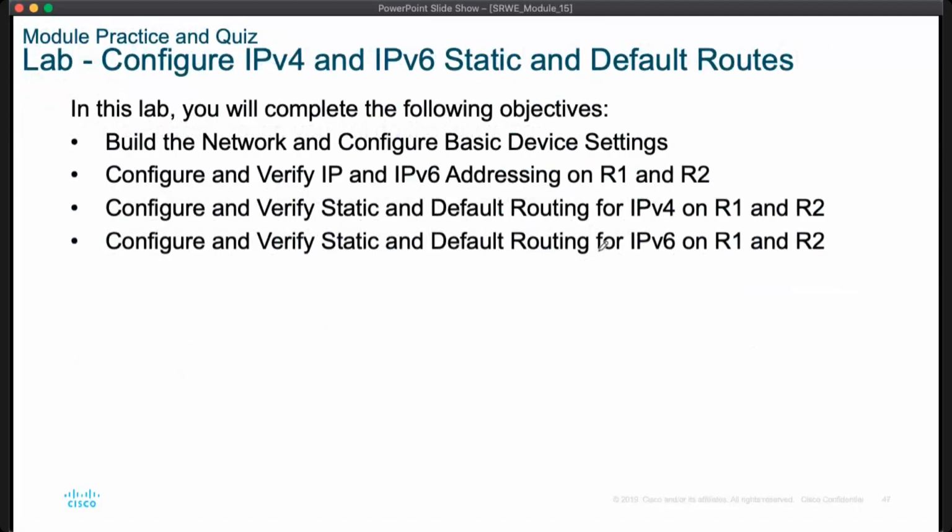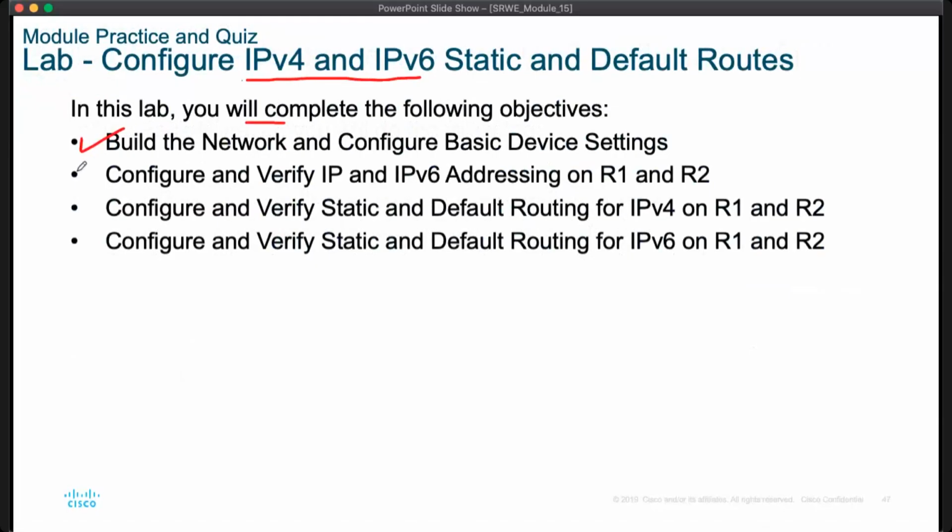You will also have a lab activity in NetAcad: IPv4 and IPv6 static and default routes. In this lab, you will complete the following objectives: build the network and configure basic device settings, so try it.